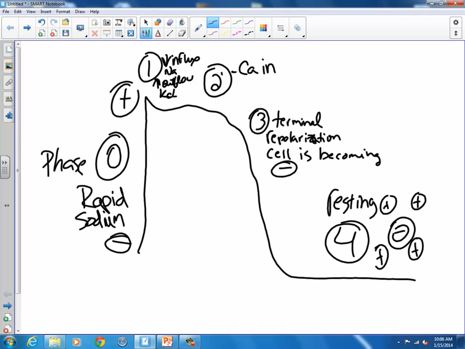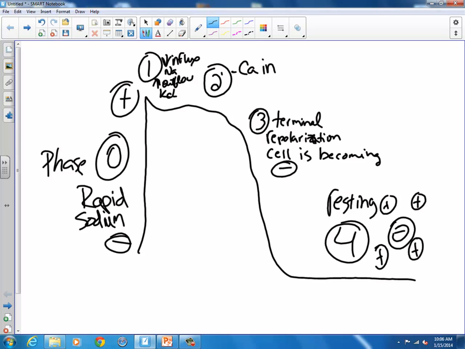but phase 0 is where you've got a rapid influx of sodium. Then phase 1, it starts slowing down a little bit. Yes? At what point in that phase is the heart actually contracting? It's going to be in phase 2 whenever the calcium starts coming in, because the calcium is what's making it actually contract. Does that make sense?